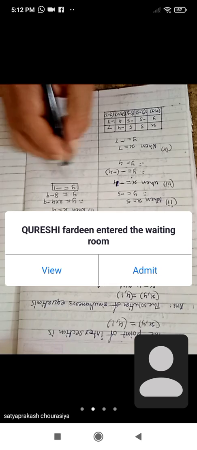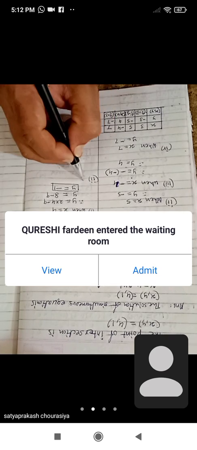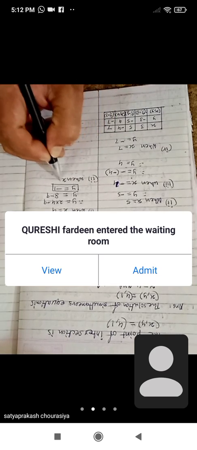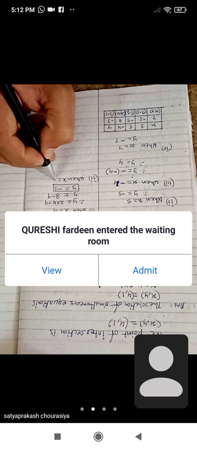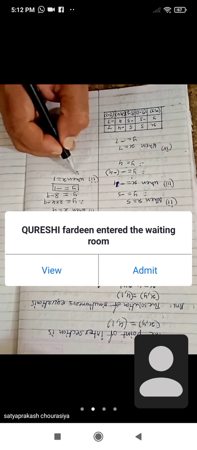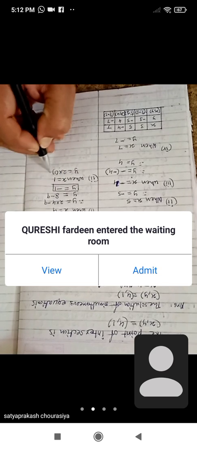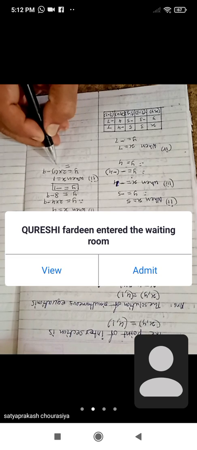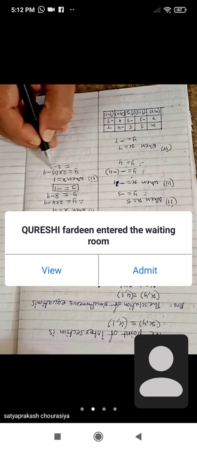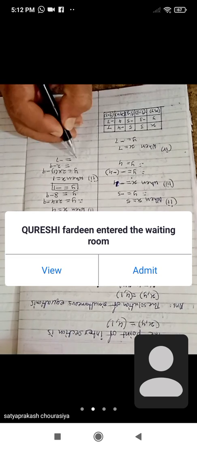Now next value, when x is equal to 1, then y is equal to 2 into 1 minus 9. So 2 ones are 2, 2 minus 9 is equal to minus 7.